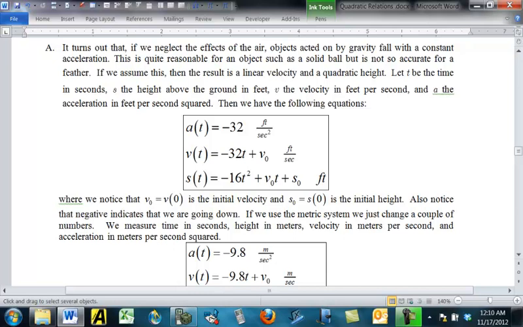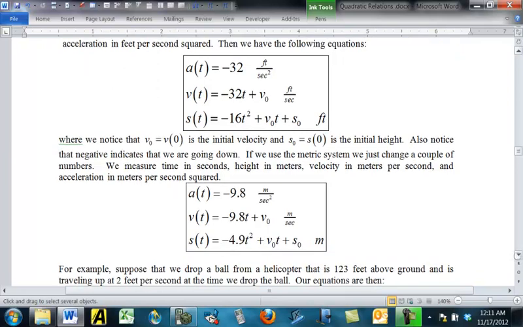And the more important thing is the effect of the air. But if we take an object that the air has little effect on, then we get these equations. Notice that the velocity is the acceleration times time, plus our initial velocity, and notice that v sub 0 is v of 0.